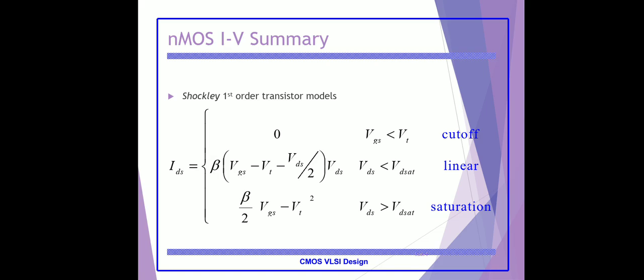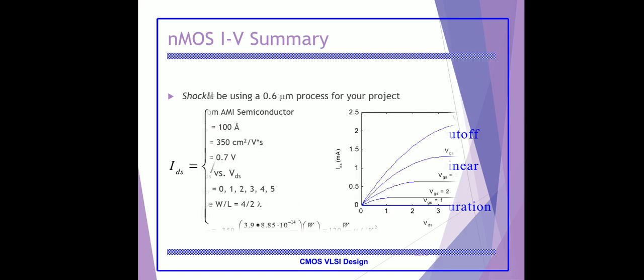So we write the equation as ID equals beta into VGS minus VT minus VDS by 2, into VDS. In saturation mode, VGS is greater than VTN and VDS is greater than or equal to VGS minus the threshold voltage. We write the equation IDS equals beta by 2 into VGS minus VT, the whole square.